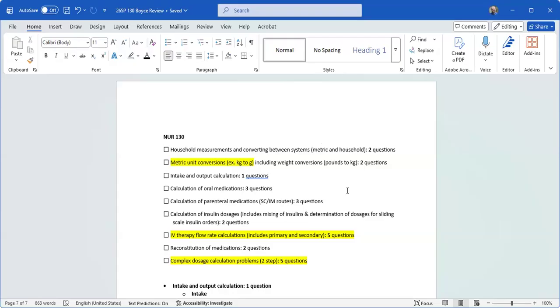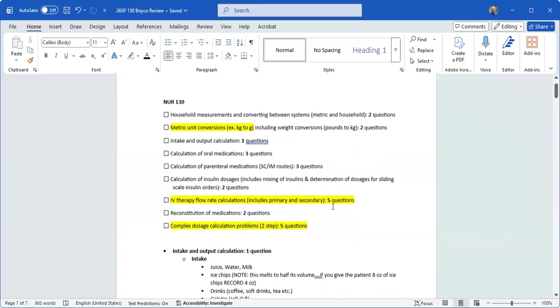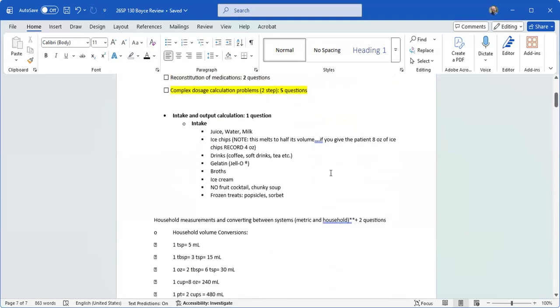And so you can always build up questions from there. The 5 questions just tells you how many questions to expect of that type. And sometimes there's overlap. So like I said, I'm going to focus on the flow rate and then the complex. And then we can come back and review anything else that you might want to have a reference to.